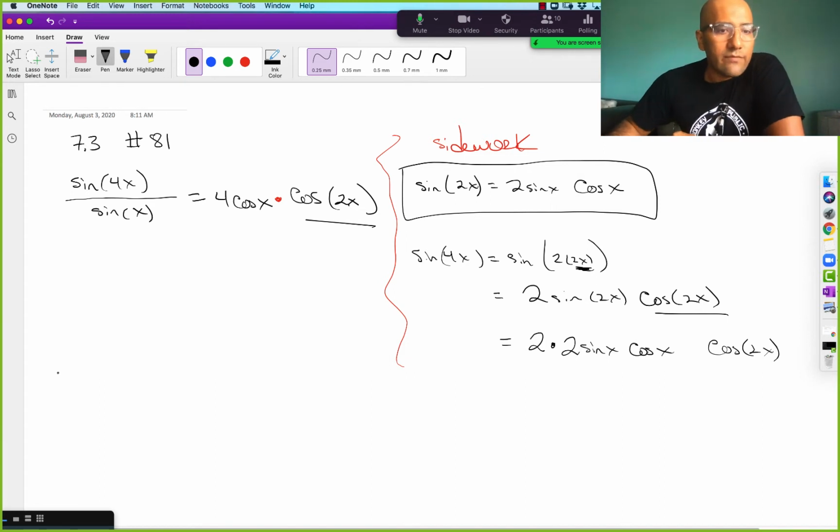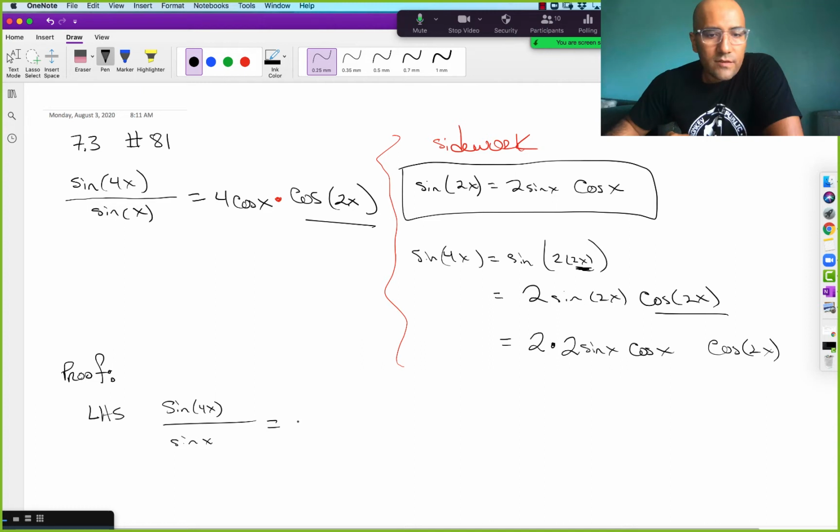Good? Okay, so now I'm ready for my formal presentation proof. Now I'm confident that I know what I'm doing. Proof. I'm going to start on the left-hand side. So starting with the left-hand side, we have sine of 4x over sine x. And so that's equal to twice sine 2x cosine 2x all over sine x.